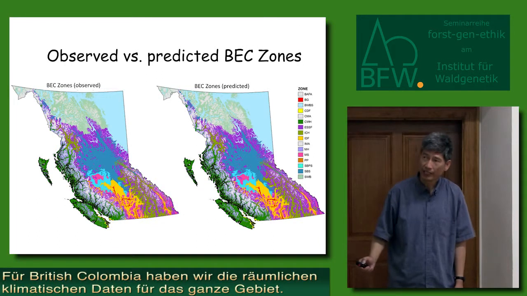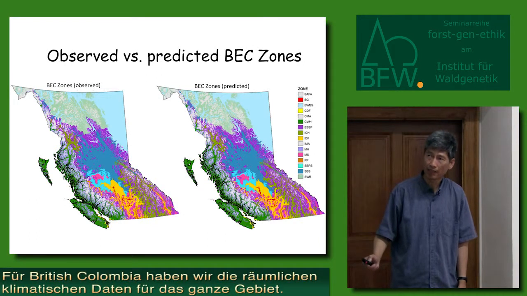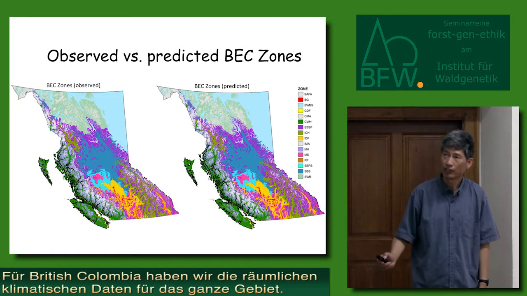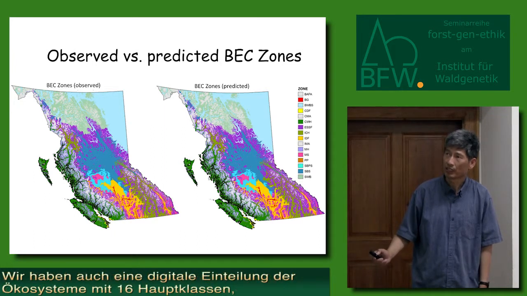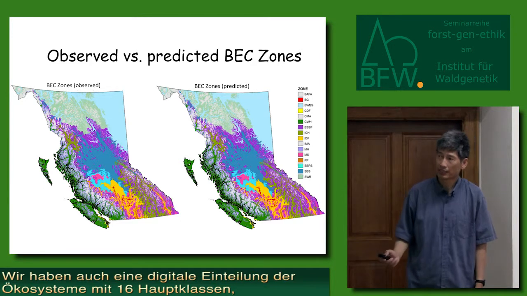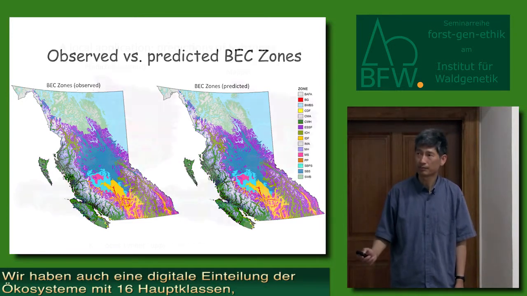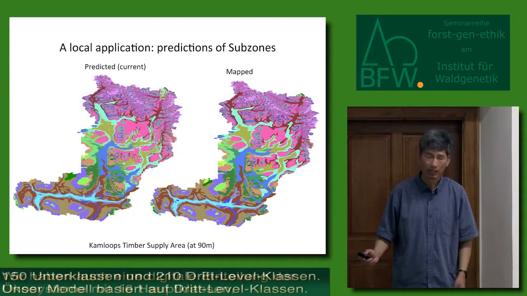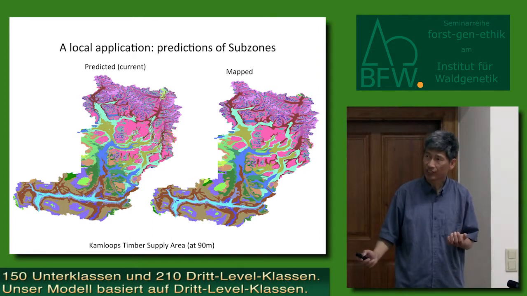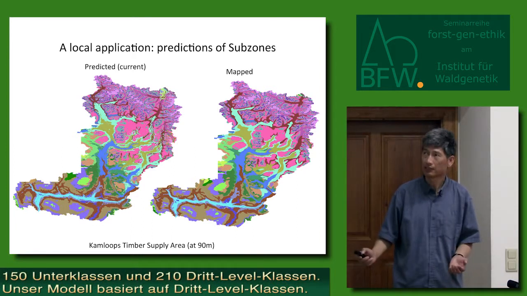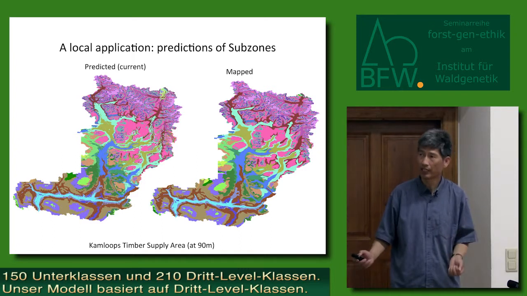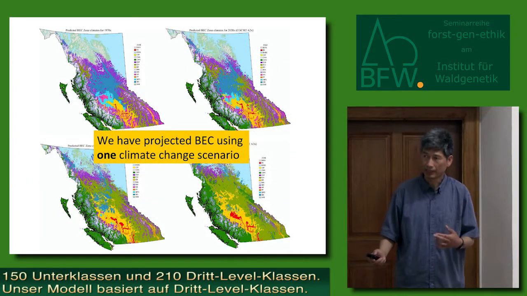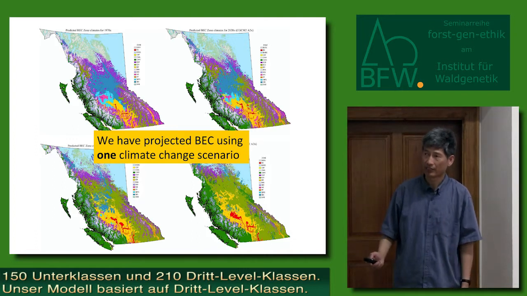For BC, we have the spatial climate data for the whole range, and we also have the digital classification of the ecosystems. There are 16 major ecosystem classes, 150 subclasses, and 210 third-level classes. Our model is based on the third level of classes.